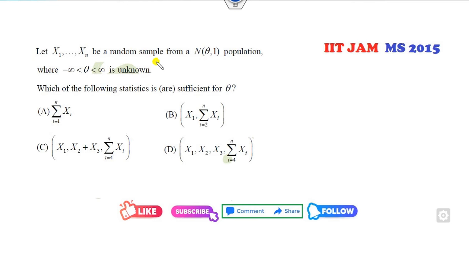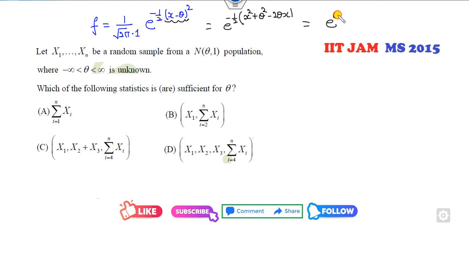Okay, x is a normal distribution. So it is 1 over root pi, sigma is 1, exponential of minus half x minus theta square. Clearly it's an exponential family. If you open this bracket, it will be half x square plus theta square minus 2 theta x. The rest we don't focus on.